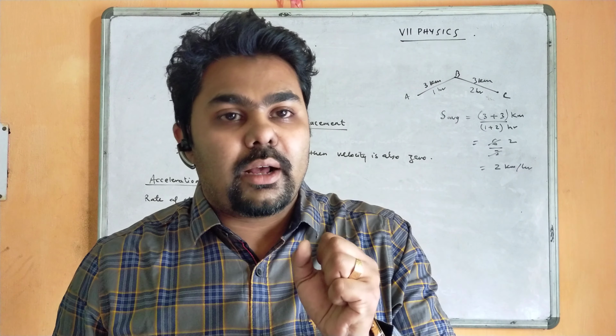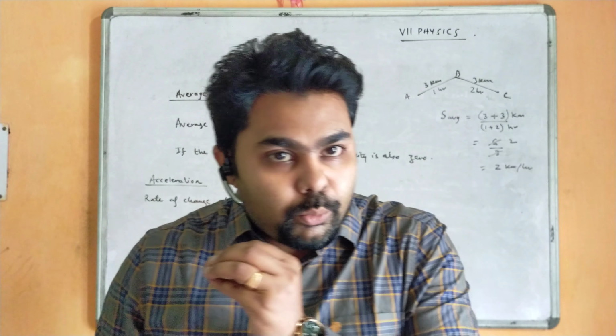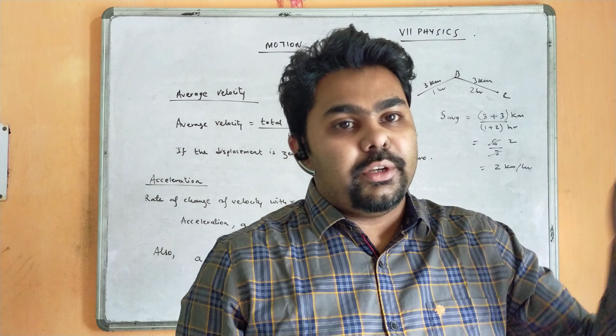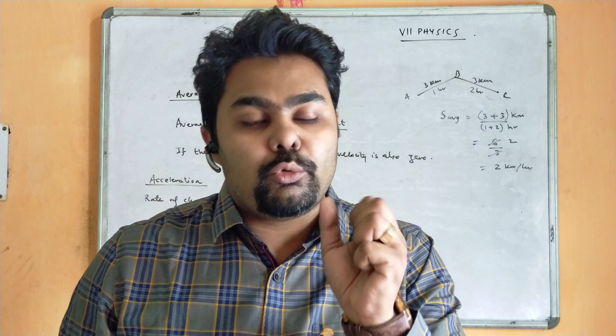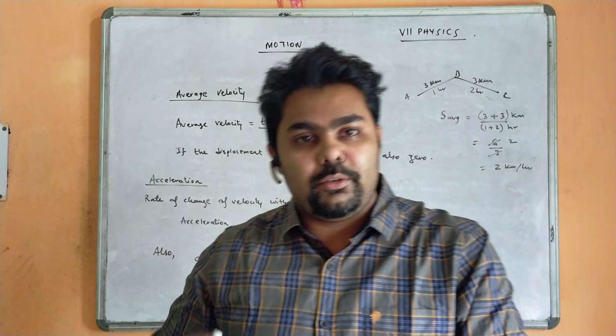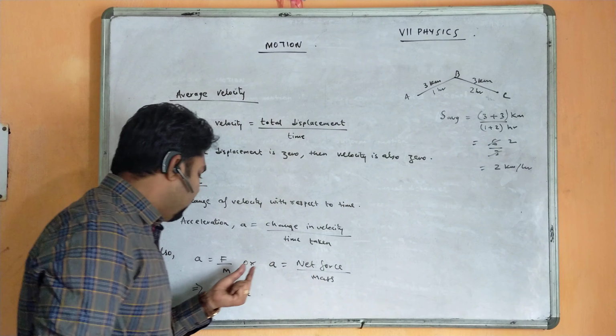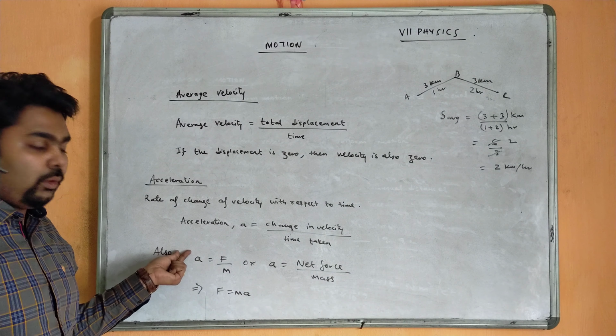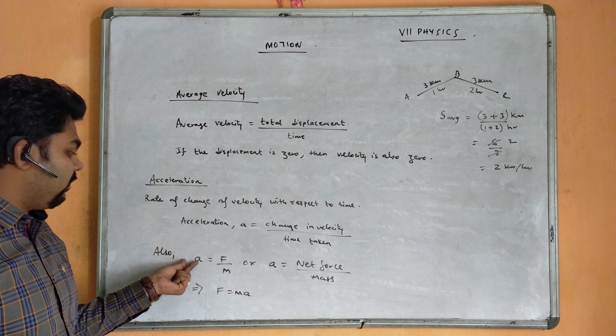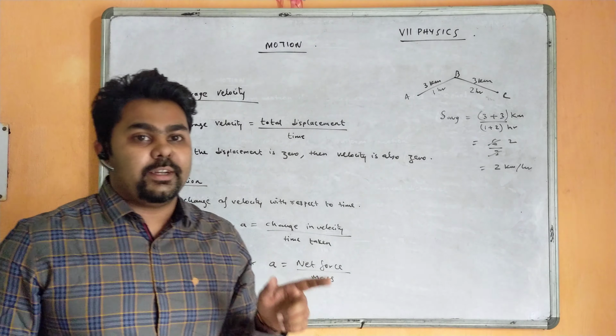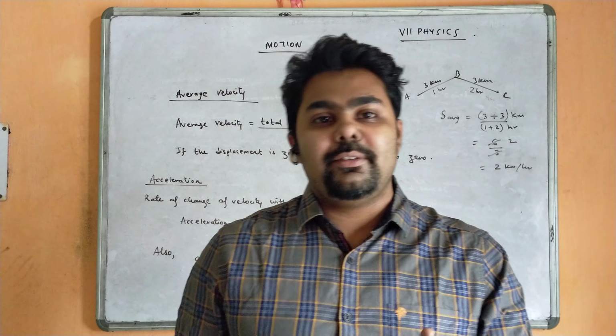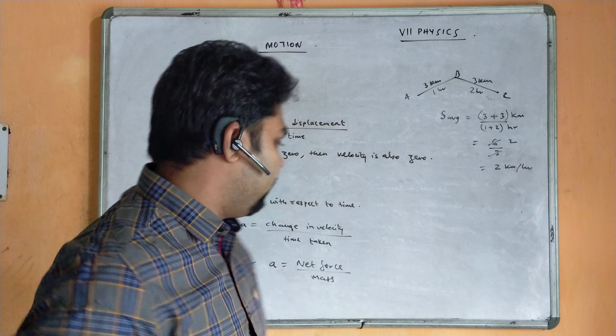That means the 500 gram stone will move with very high velocity. That means the acceleration of that small stone will be more as compared to the 5 kg stone. If mass is less, then acceleration will be more, and if mass is more, then acceleration will be less. Therefore it is said that acceleration and mass are inversely proportional to each other.